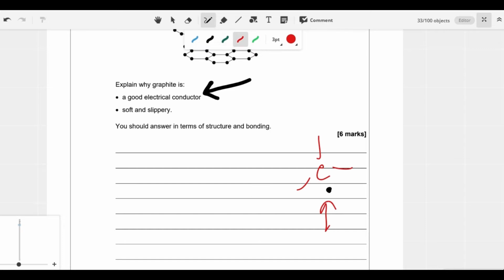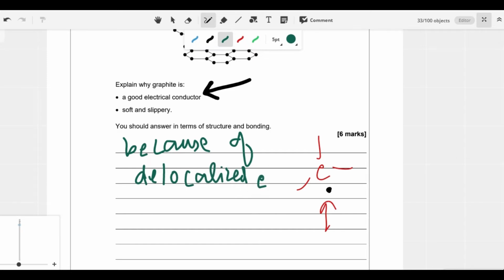So you can write here: because of delocalized electrons, the first one. And the second, the delocalized electrons can move through the structure carrying electrical charge, so graphite conducts electricity. And the next one, why is graphite soft and slippery?